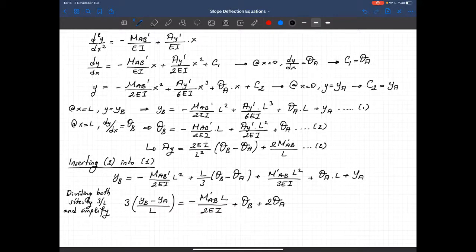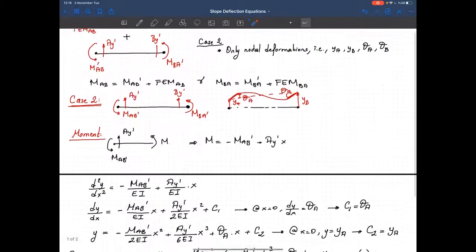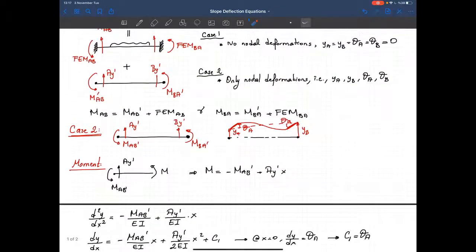Now let's take a look at what this expression means, yB minus yA divided by L. yB minus yA is actually this distance, and we are dividing it by the length. If you think about it, this is that angle.